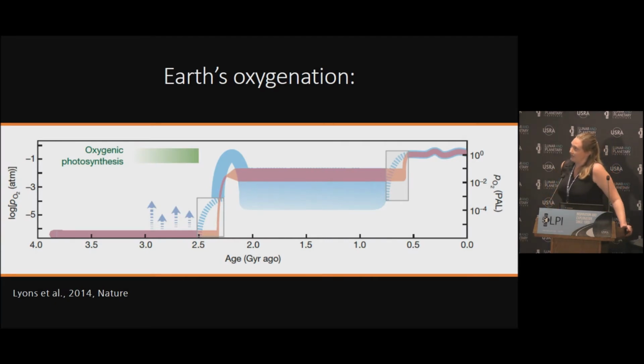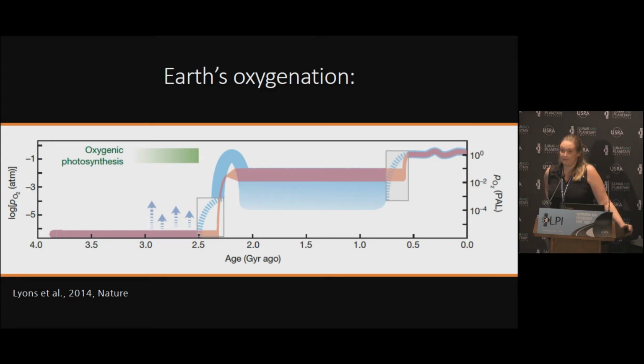So this is an overview of Earth's oxygenation history. And there are a couple of key things to note here. First is that oxygen rose in our atmosphere in two main pulses. One at the end of the Archean and in the early Paleoproterozoic.